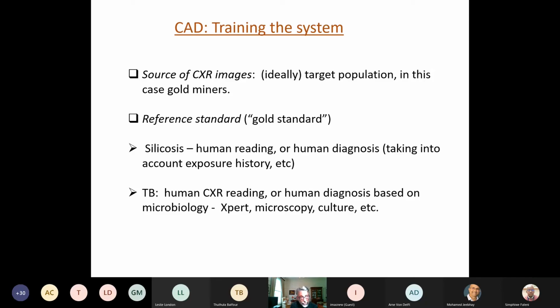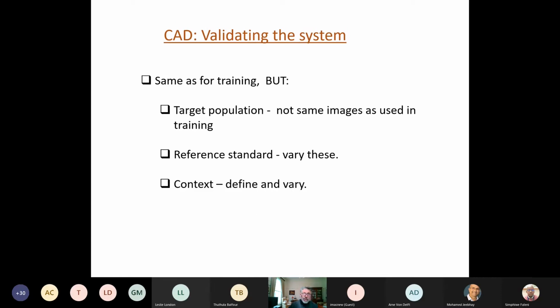And with silicosis, it's only human reading. But with tuberculosis, you have in addition microbiological diagnosis, mainly microscopy or culture, mostly on sputum, although there are other sources, for example, biopsy, for the diagnosis of tuberculosis. So these are the reference systems on which CAD is trained.